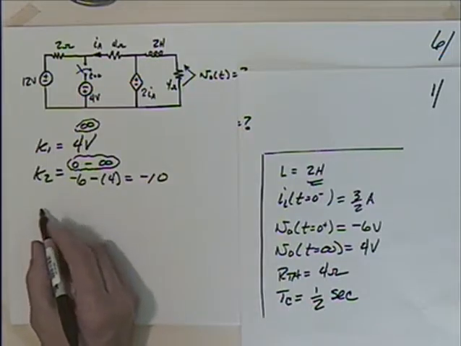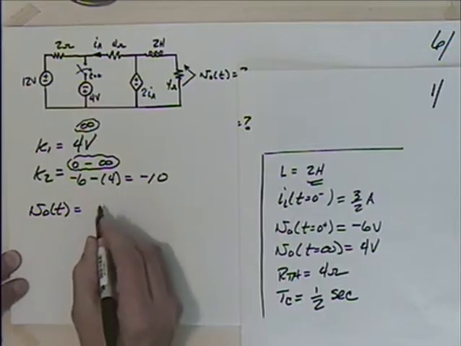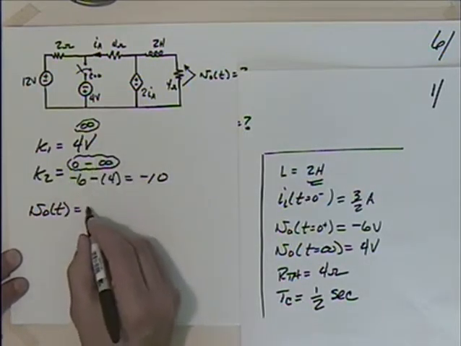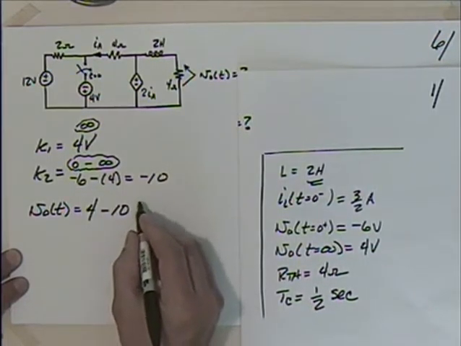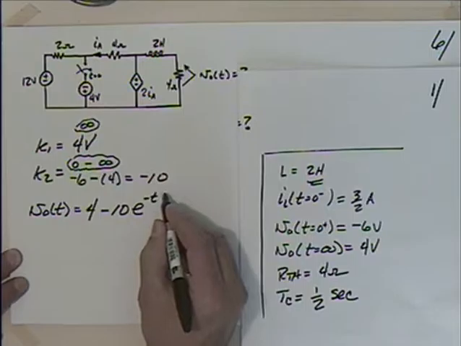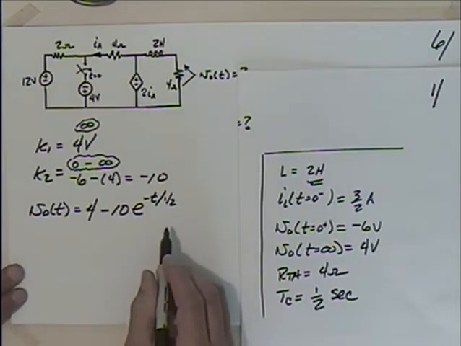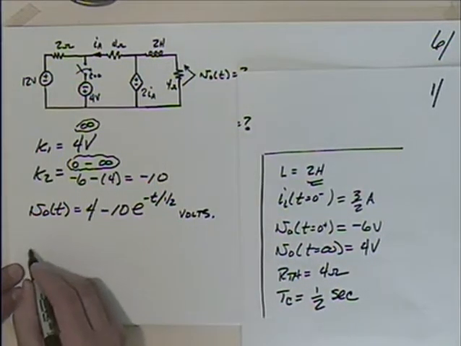And so we can start to put this together: V naught of t is equal to K1, 4, plus K2, so minus 10, e to the minus t divided by the time constant, which is going to be a half. Okay, that's volts. I guess we could tidy this up.